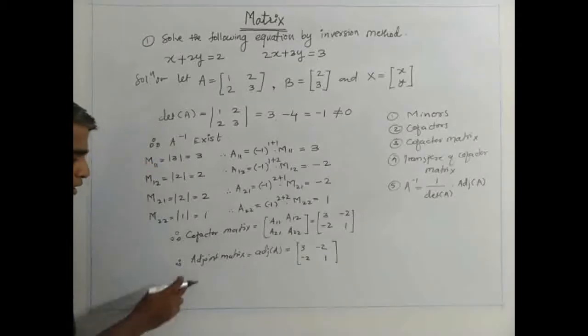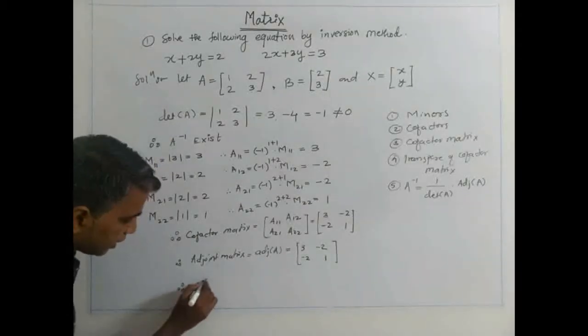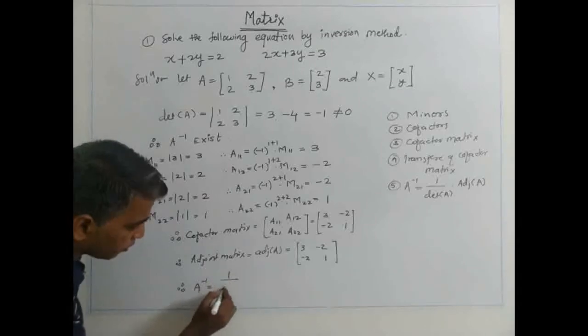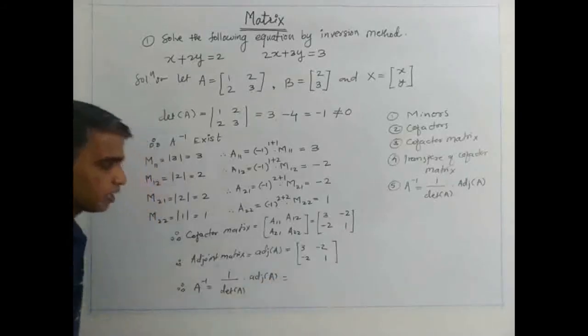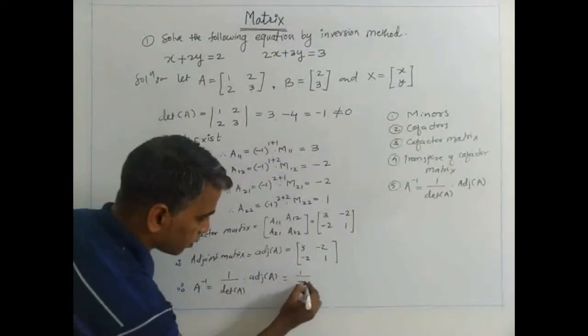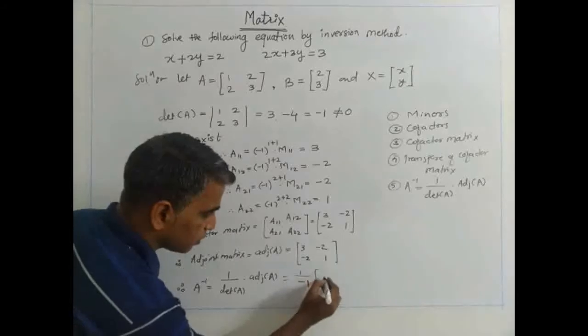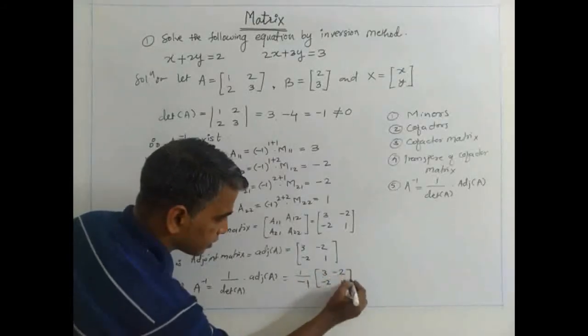So this is our resultant adjoint matrix, and hence A inverse is equal to 1 upon determinant of A, into adjoint of A. We have the value of determinant of A as minus 1. So 1 upon minus 1, into our resultant adjoint matrix.